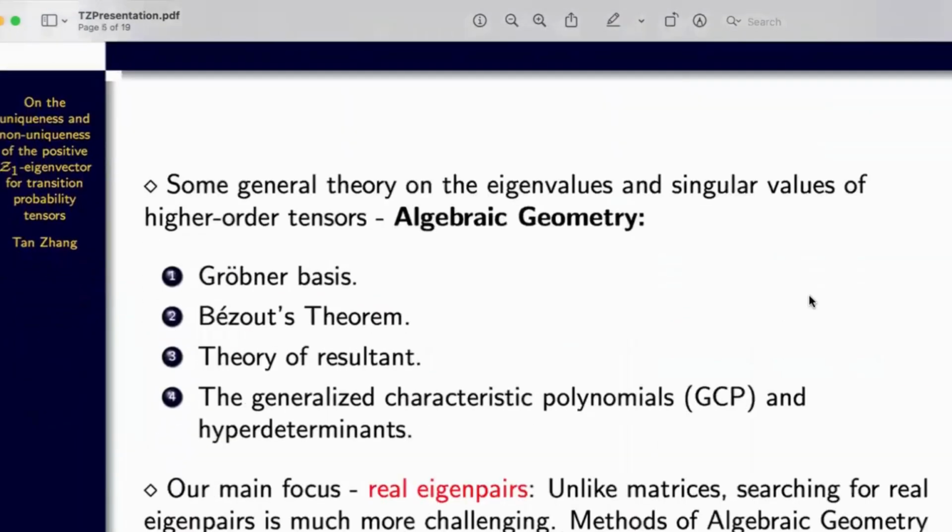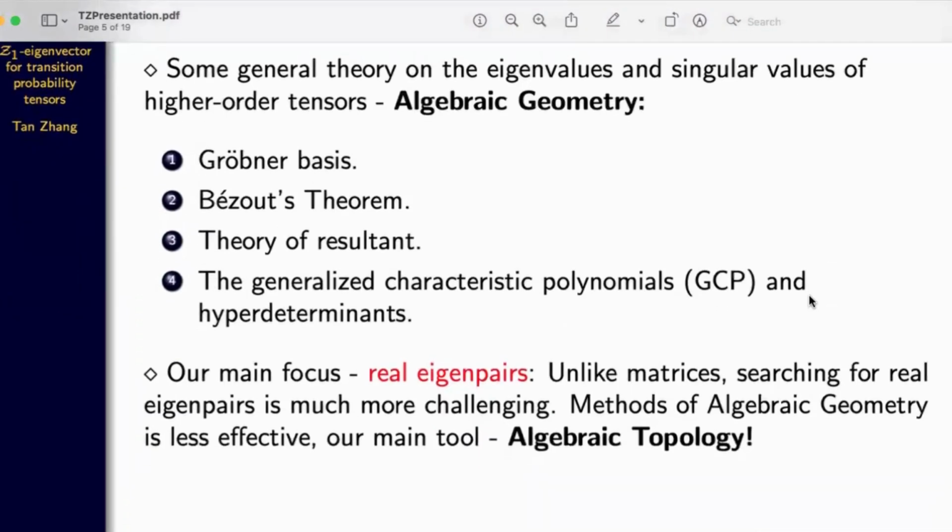So just to lay out the blueprints, some general theory on the eigenvalues and singular values, which is an extension of eigenvalues, to higher order tensors. First is the algebraic geometry approach, widely using Gröbner basis, Bézout theorem, the theory of resultant, and the generalized characteristic polynomials, and also hyperdeterminants.